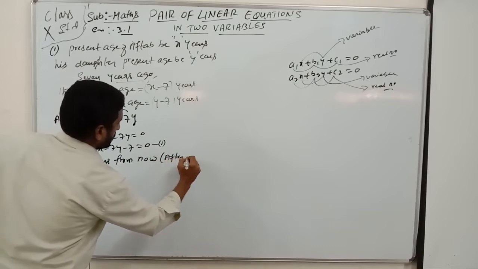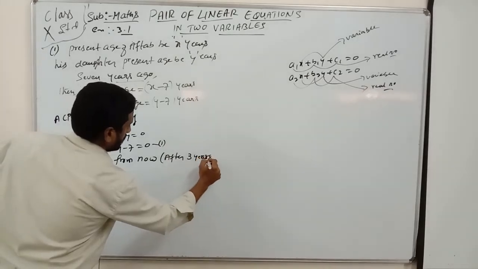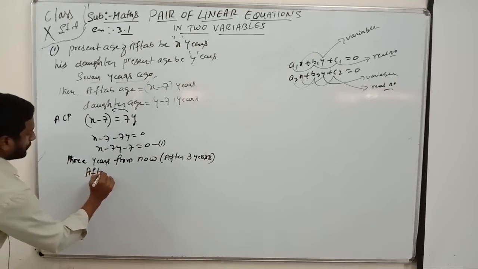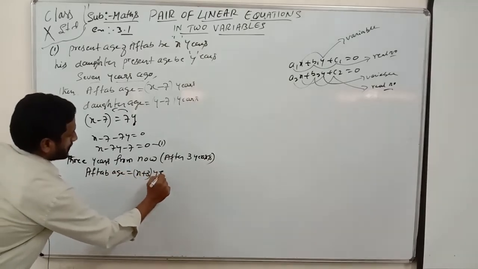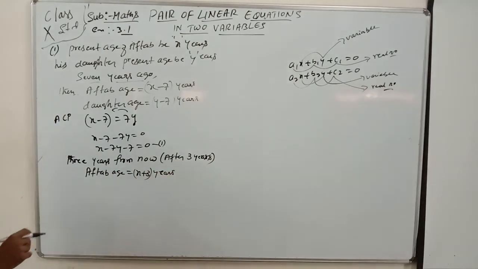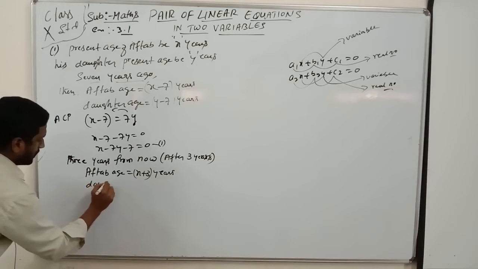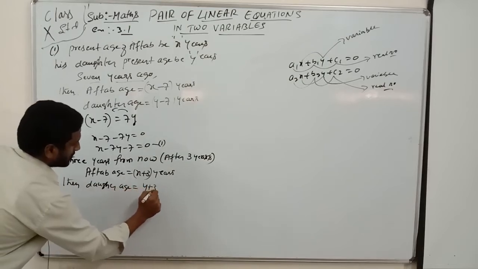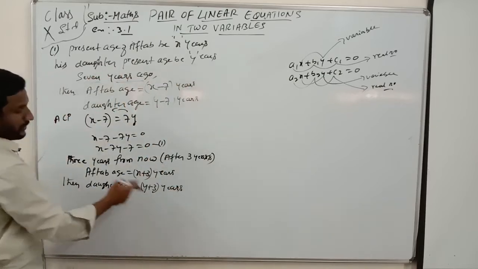So Aftab's age is x plus 3 years. Then the daughter's age is y plus 3 years, since the daughter's present age is y years and after 3 years it is y plus 3.